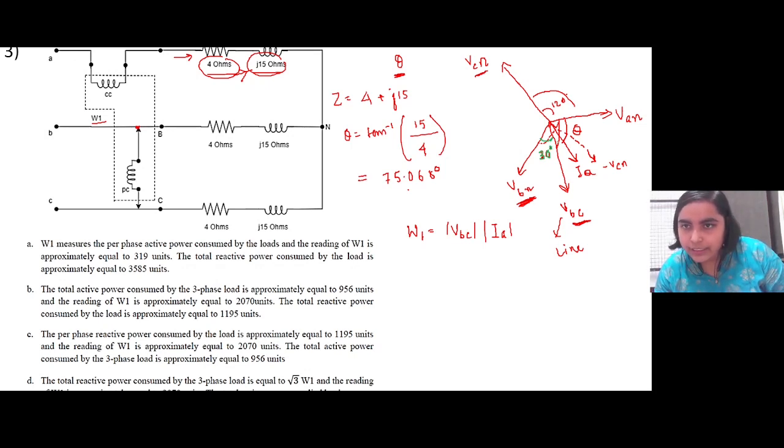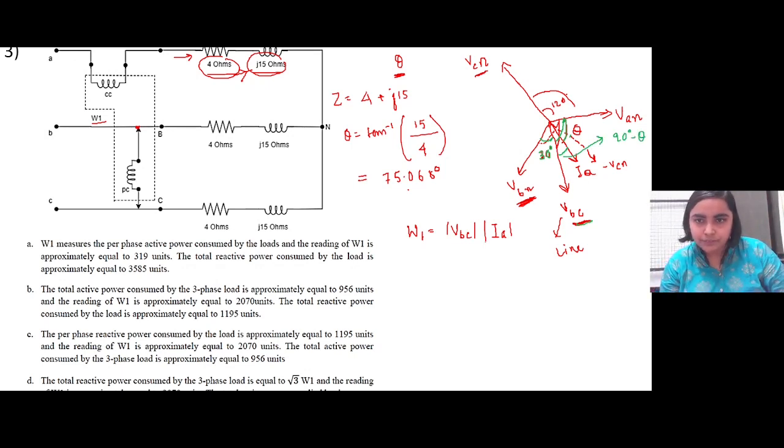This total angle is 90 degrees, because two phase voltages are 120 degrees apart. So between AN and BC, this will be equal to 90 degrees. Since this is theta, this particular angle will be 90 degrees minus theta.